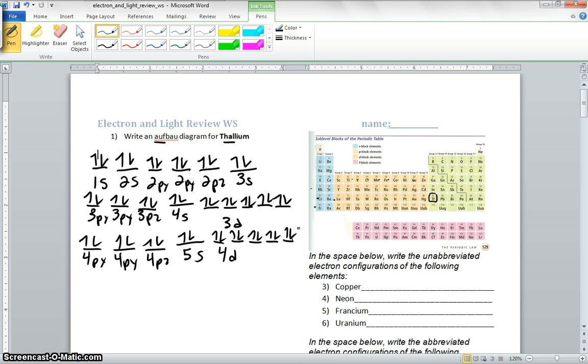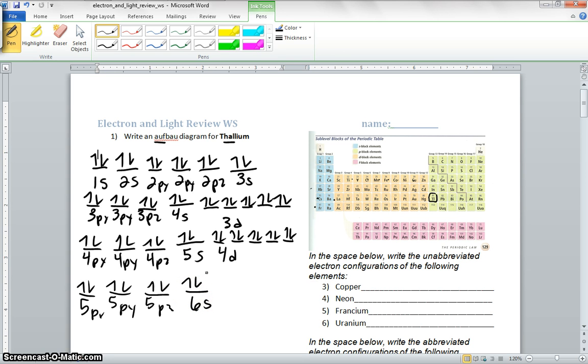And then we go to 5p. Almost there. Now we're on to 6s.